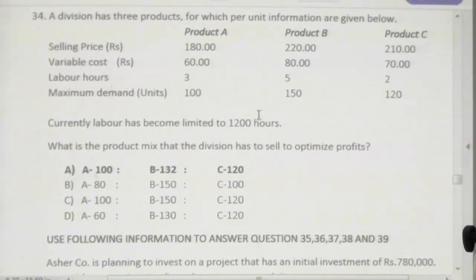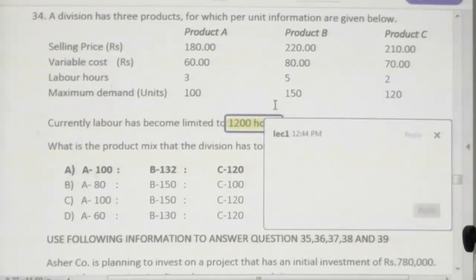Now currently you have 1200 hours. You have only 1200 hours, but you require for A 3 into 100, you require 300 hours. For B you require 5 into 150, that is 750 hours.